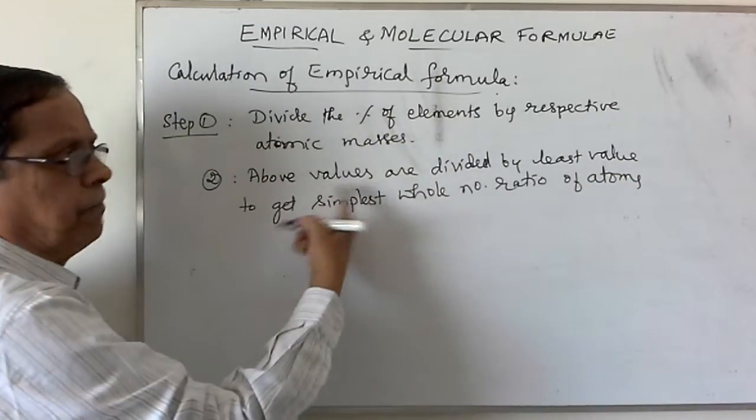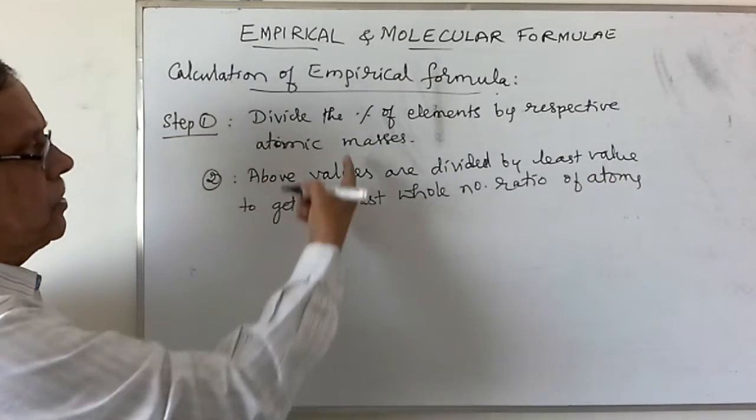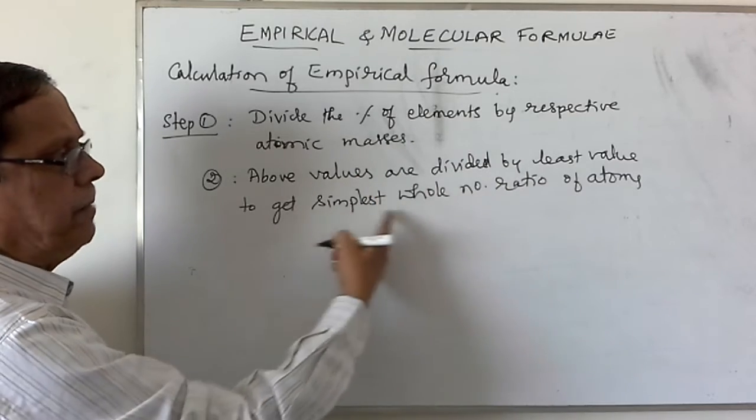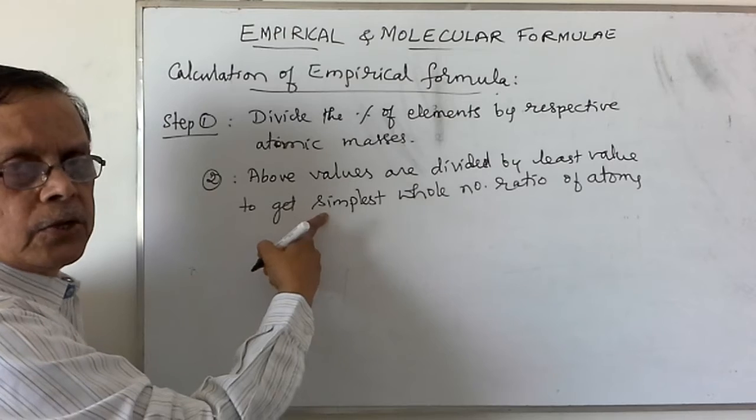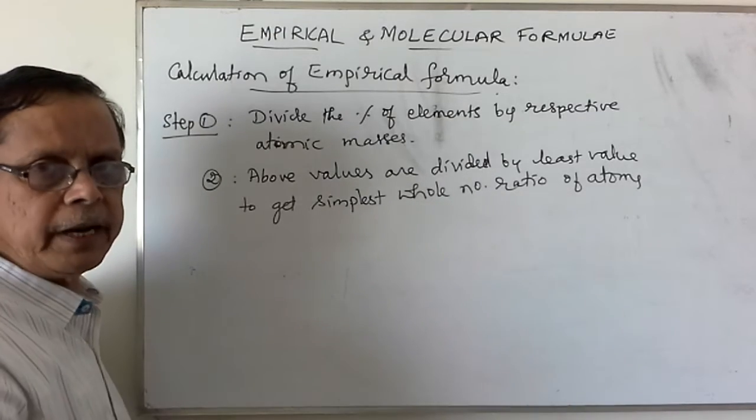So to calculate the simplest ratio, once you get these values, you have to divide by the smallest one, or least value, so that it will give rise to the simplest whole number ratio.